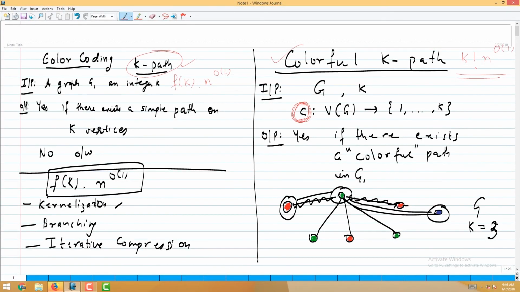Let us uniformly at random pick one coloring from the set of k colorings of the graph and run the colorful k-path problem on that coloring, okay? So it's not an arbitrary coloring, it's a coloring chosen uniformly at random from the set of all possible k colorings of the graph. Now that we have brought in probability, we can say that something happens with probability.